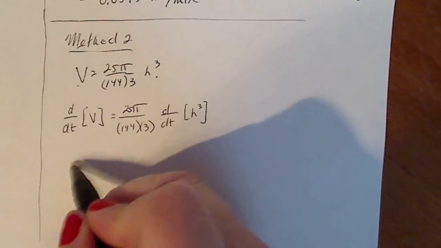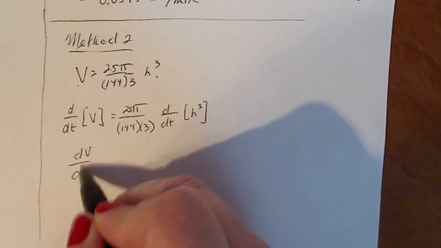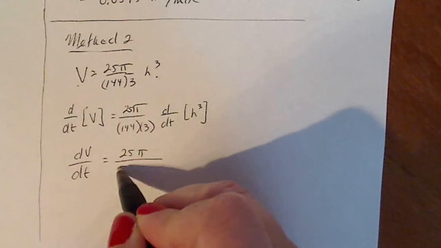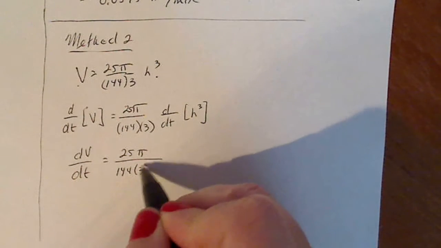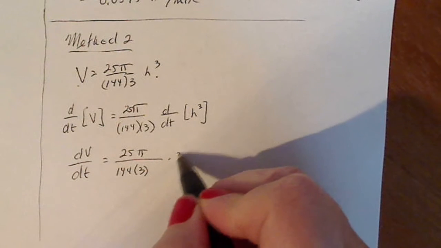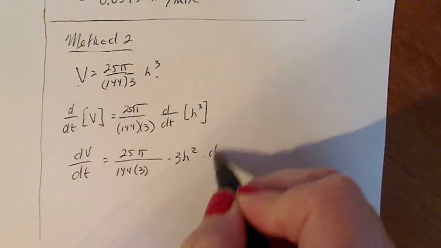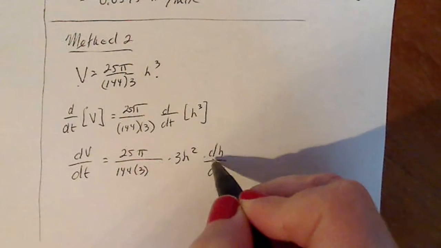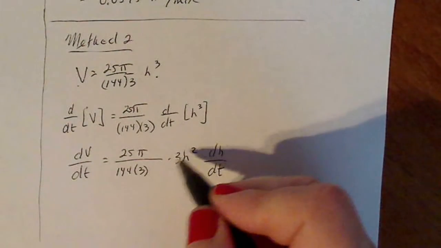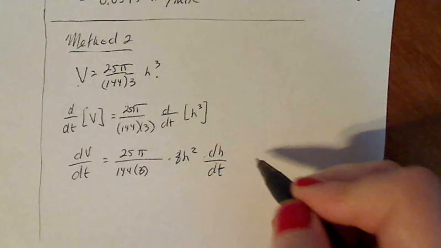The derivative with respect to t of V is dV/dt. And over here I have 25 pi divided by 144 times 3 times, now the derivative of h cubed with respect to t is 3h squared dh/dt. Using implicit differentiation, remember? These 3's will go away, always simplify.